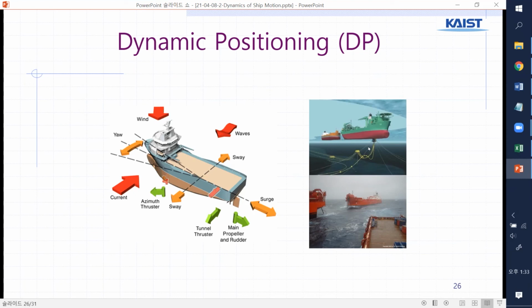Otherwise, the pipe can be disconnected or break. Or another case is another ship coming to deliver oil or gas to transfer between ships. Then you also need position keeping. That kind of thing is used.